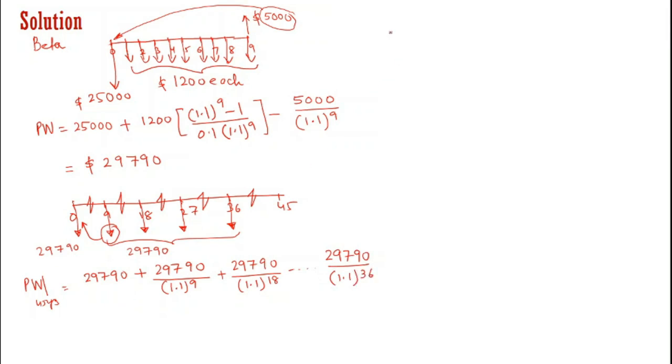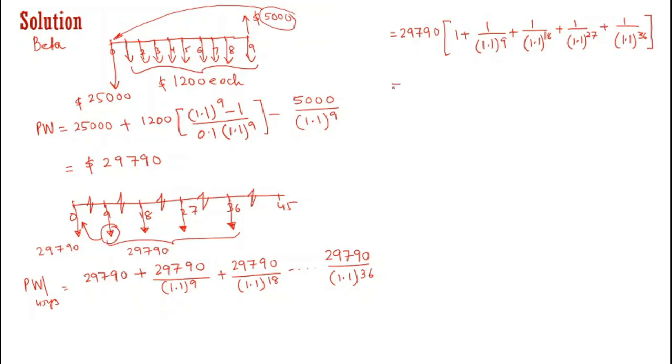If we simplify it a bit, 29,790 times (1 plus 1 over 1.1 to the power 9, then another term 1 over 1.1 to the power 18, 1 upon 1.1 to the power 27, and the last one will be 1 over 1.1 to the power 36).